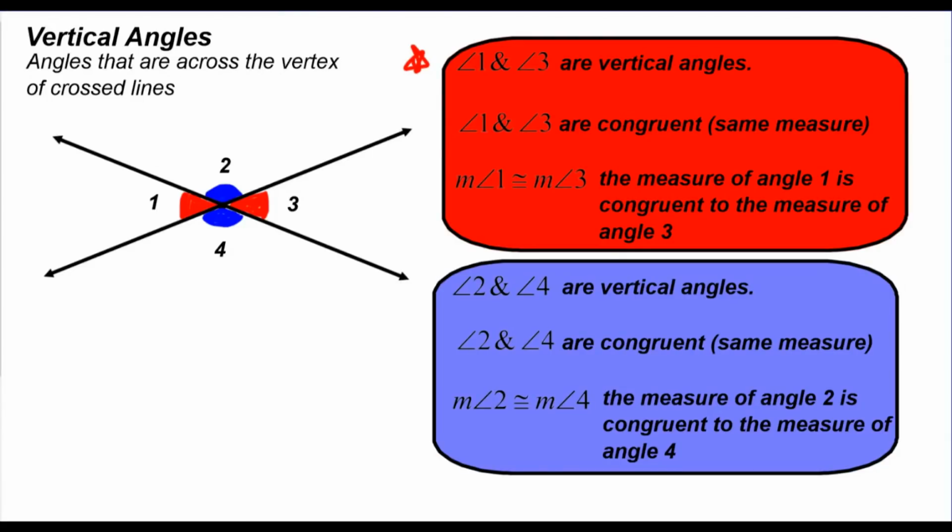That means the same measure. They're going to be the same number of degrees. However many degrees angle 1 is, angle 3 is going to be the same. So we say the measure of angle 1 is congruent to the measure of angle 3. Likewise with our blue angles, angle 2 and angle 4 are vertical angles to each other, and they are congruent. So the measure of angle 2 is congruent to the measure of angle 4. Whenever you have vertical angles, you know they are congruent.